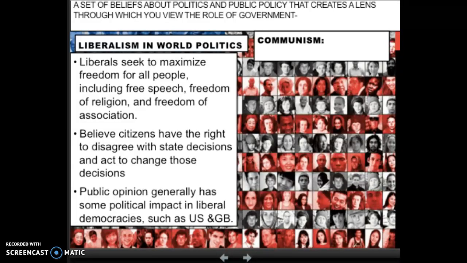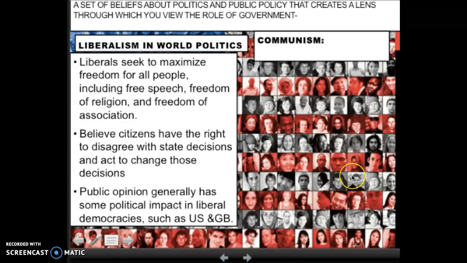Now compare that to illiberal democracy. An illiberal democracy, remember, they don't really give you a lot of choices. They don't really give you freedom of speech. They just pretend like you have choices and freedom of speech. So that's how, again, it is different than the liberal democracy you would find in the US.